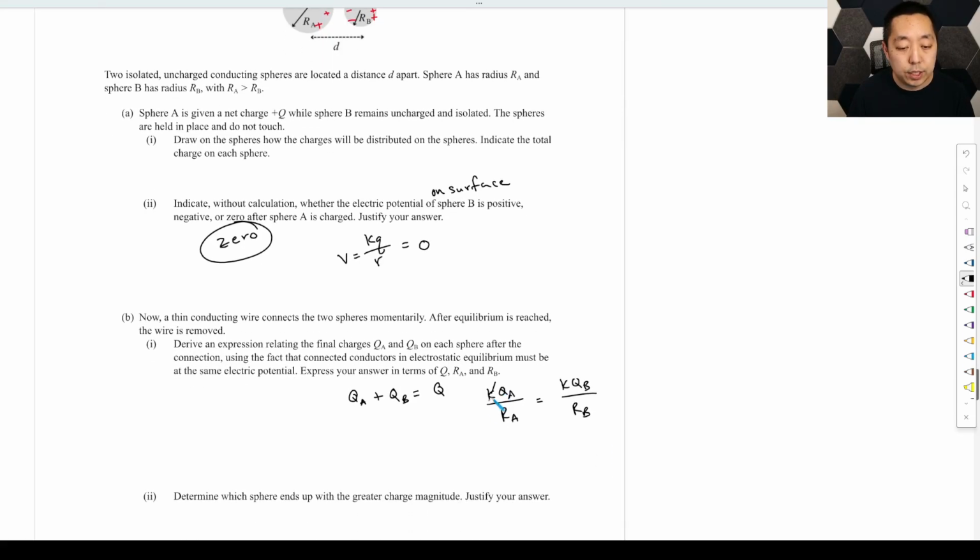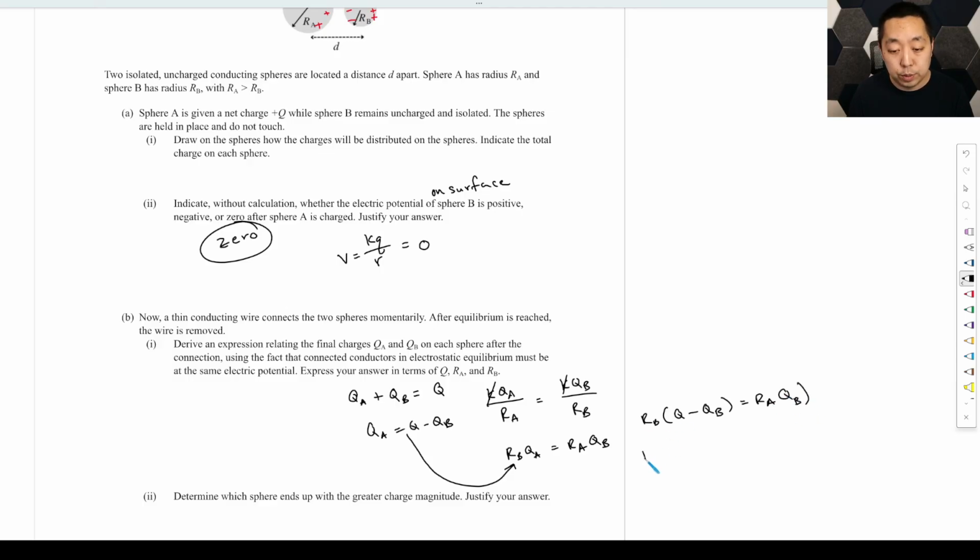Okay, so then we can cancel out the K's, and we want to solve for the final charges QA and QB. We have a system of equations. You're going to have RBQA equal to RAQB by just cross multiplying. And then you can solve for it however you want. You could solve for QA, it's Q minus QB, and you plug that in there. So you get RB times (Q minus QB) equals RA times QB.